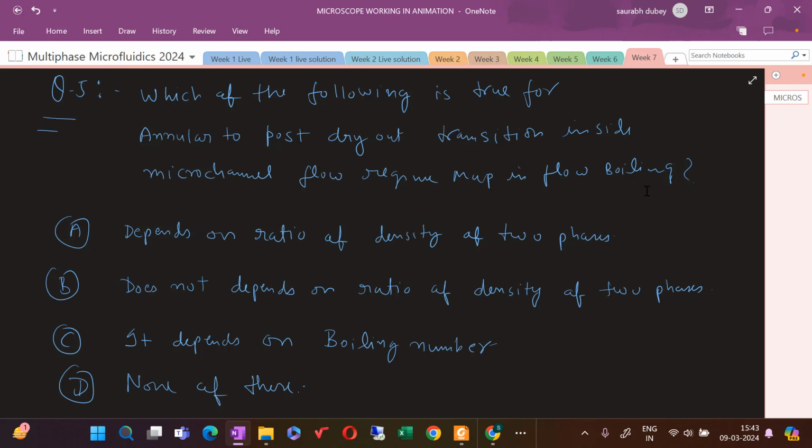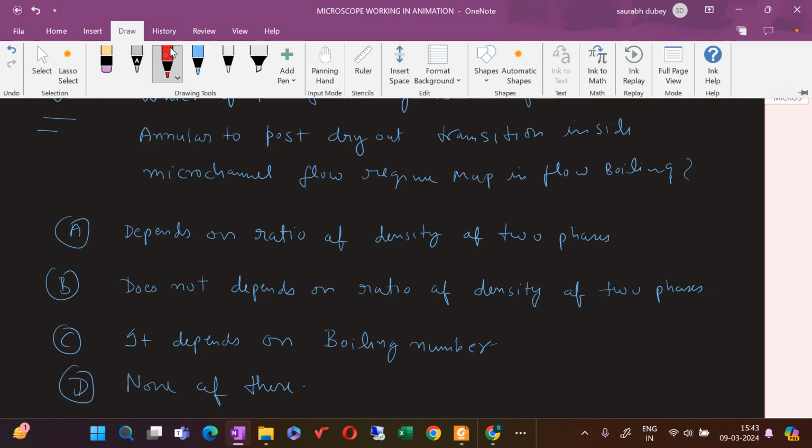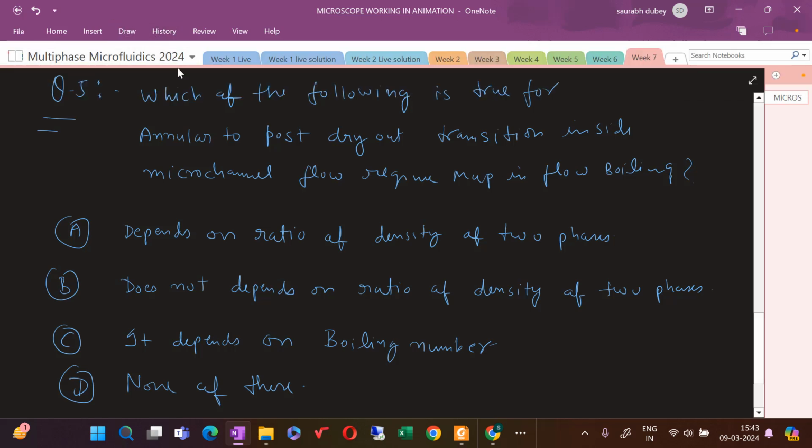If there are two phases, there could be a liquid phase and a gas phase, so it depends on the ratio of the two.